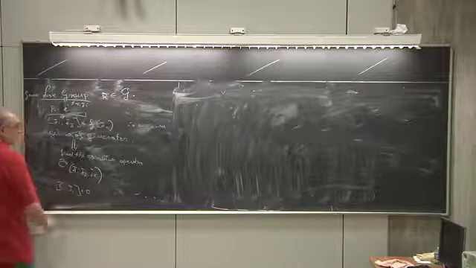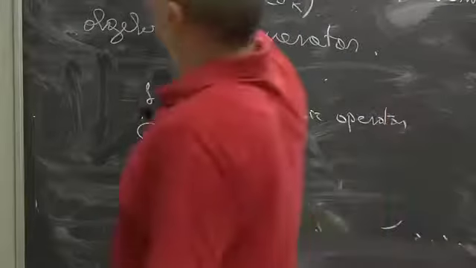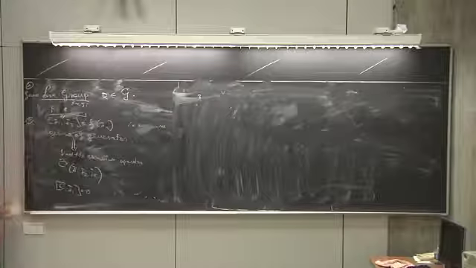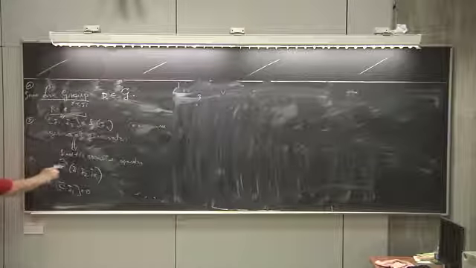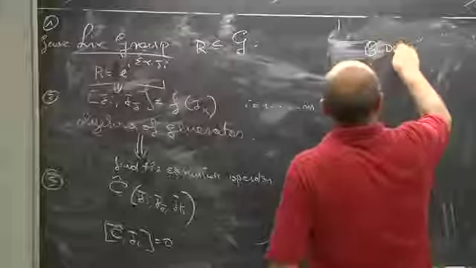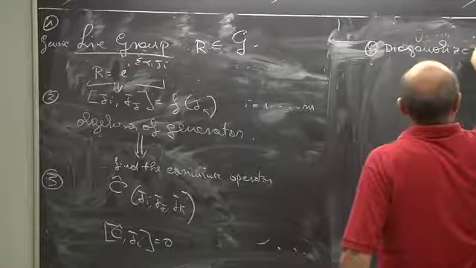This is the Casimir operator. The third step: first you give me the Lie group, you can write it in this manner. Second, find the algebra of generators. Third, find the Casimir. Fourth, diagonalize the Casimir.